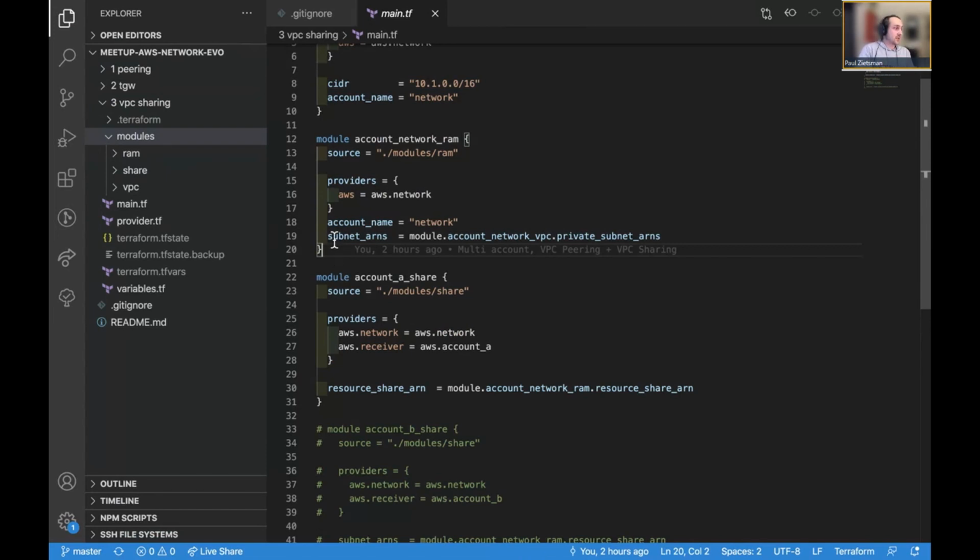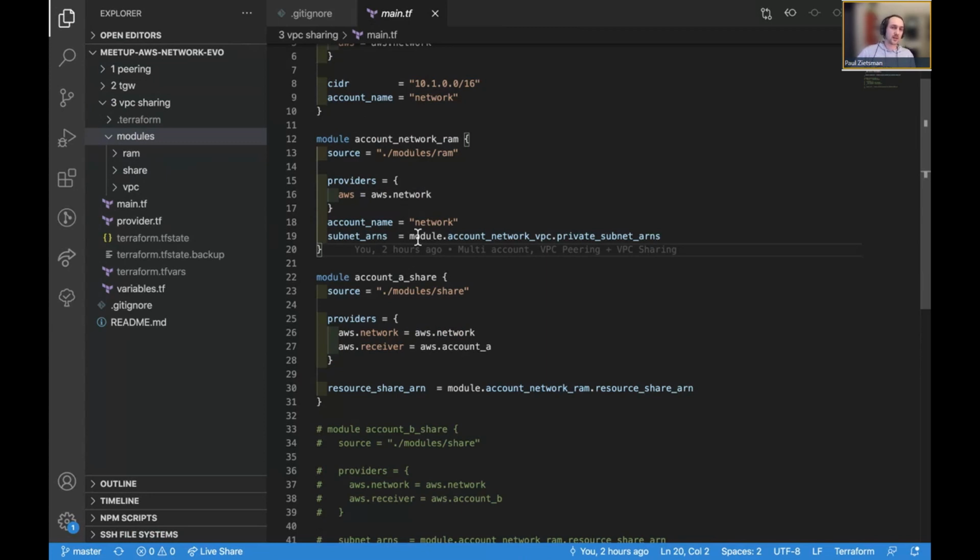Now I've got a VPC. I need to share it with someone. So the first thing I do is I create, and this is a bit of a wonky thing within AWS, a RAM share and you register an AWS resource with the thing you want to share.